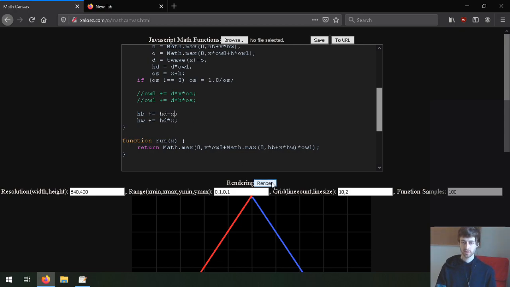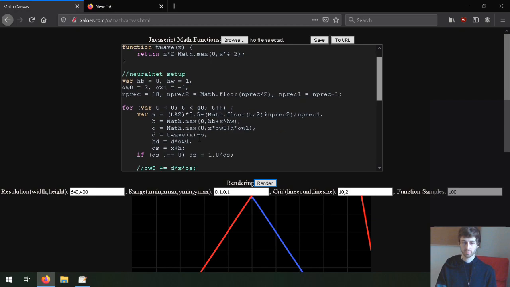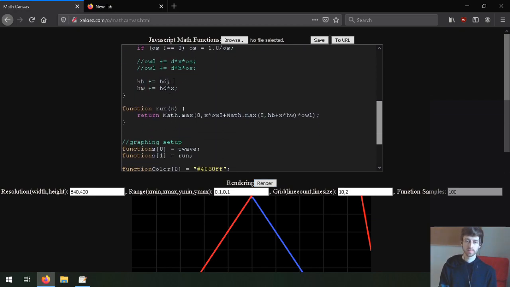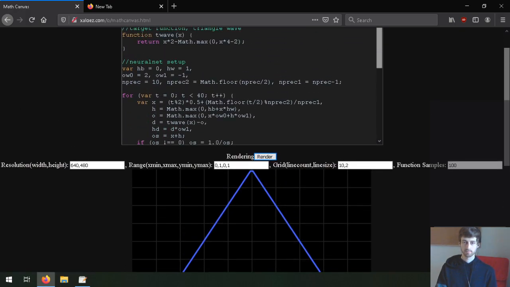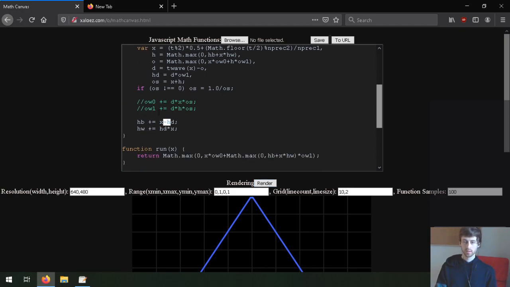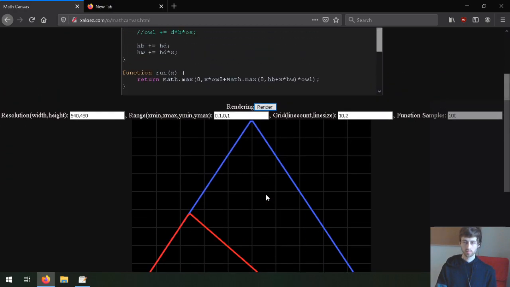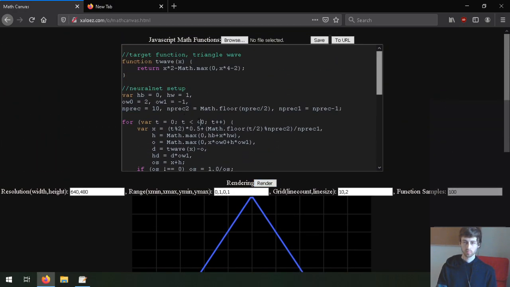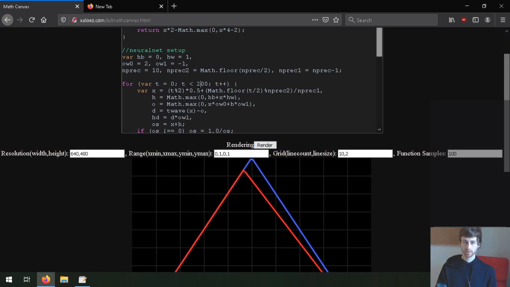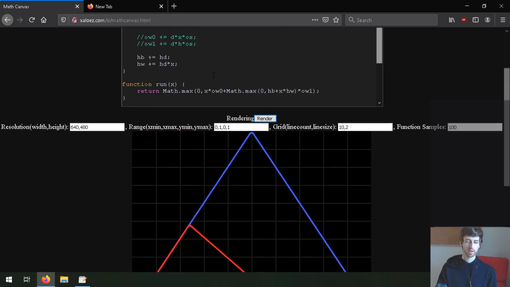Maybe HD minus X. At this point, I'm just trying a bunch of stuff, seeing what works. Okay, so this does work, but it doesn't work fast enough. How do I make it work faster?